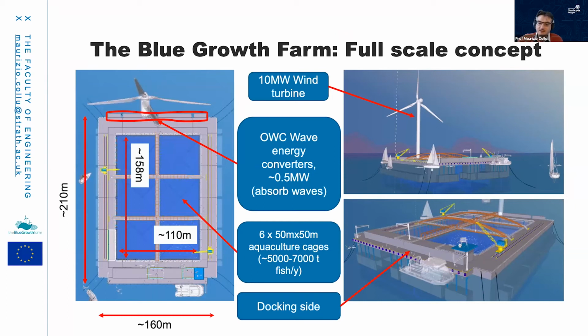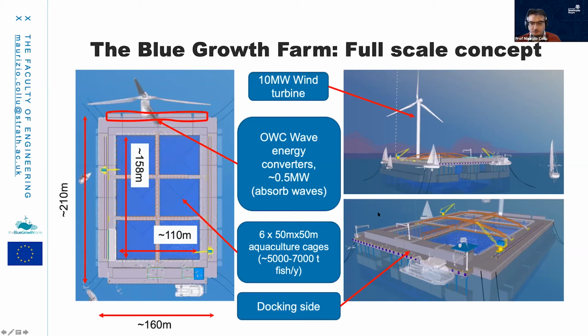So there is a trend to move aquaculture further offshore, but we need at the same time to protect it. The moon pool in the middle is capable of hosting 50 by 50 meter aquaculture cages for a total production, depending on the location and the fish, between 5,000 and 7,000 tons of fish per year. And then you have a docking site on the aft part.